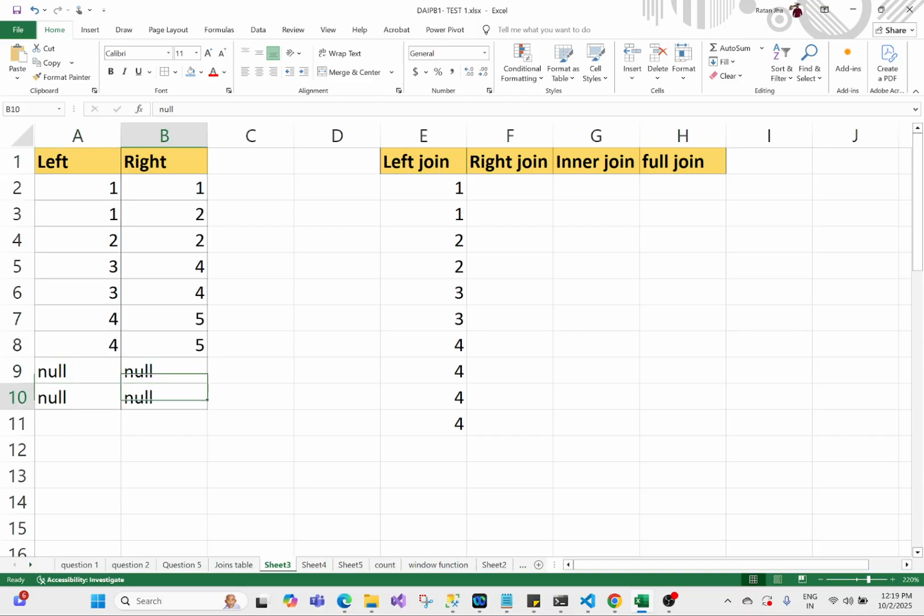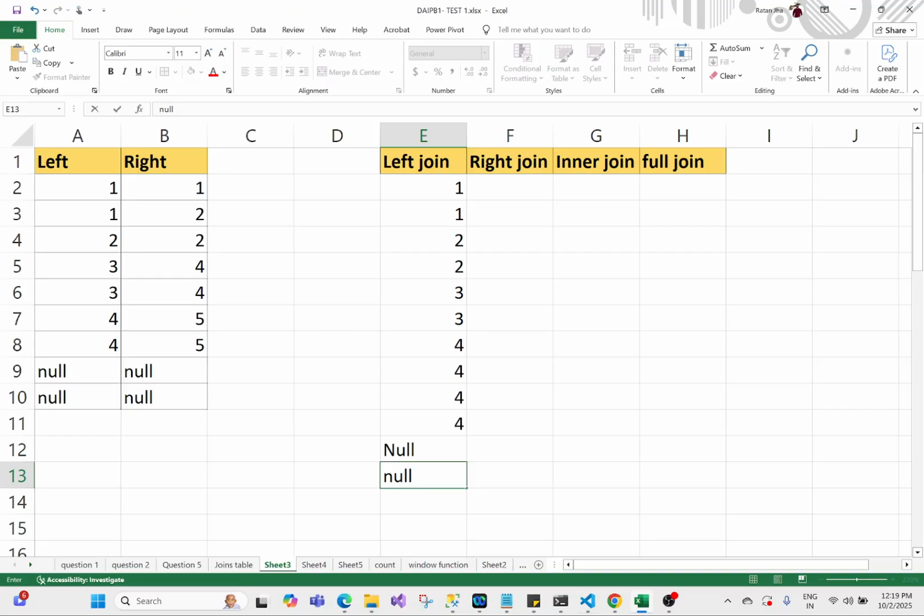Because null is unknown, null is not equal to another null. But null is present in the left table, so we have to keep two nulls, because we keep all the records of the left table.